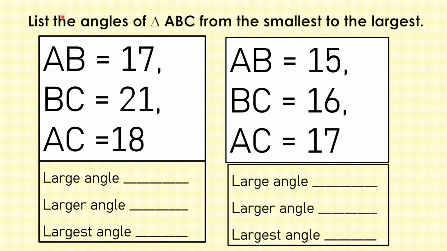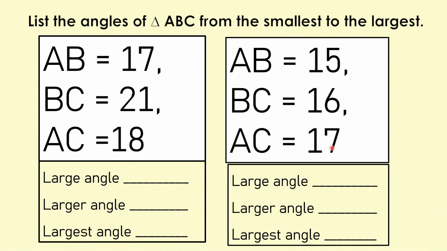In this slide, you have to list the angles of triangle ABC from the smallest to the largest. So in your scratch paper, you can create the triangle ABC, write the lengths of the sides, and then arrange what is the large angle, larger, and largest angle.